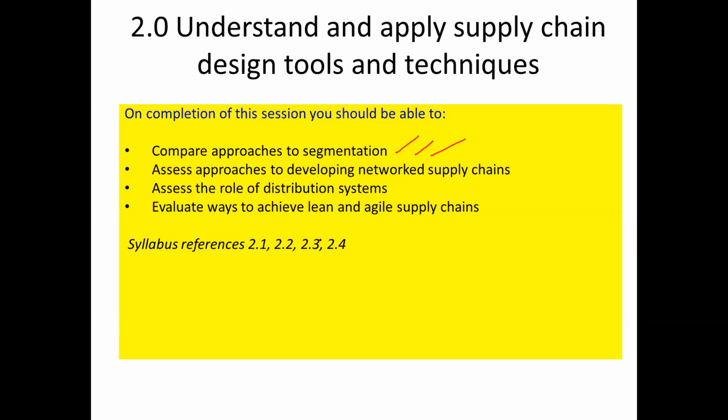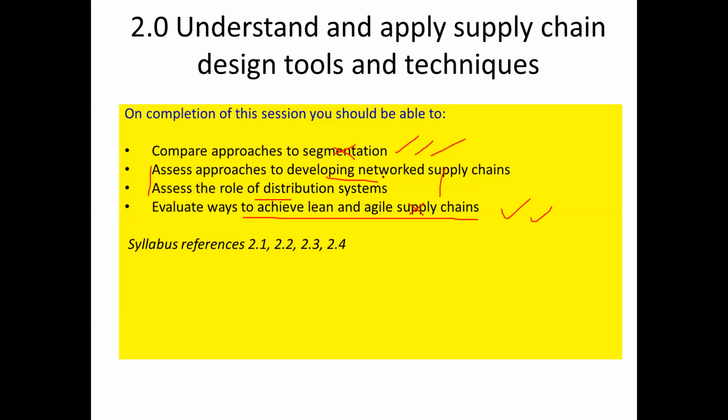How do you segment customers? How do you design a supply chain for different customers? How do we develop networks, distribution, and the other favourite, lean versus agile. So it's got 2 of the most heavily examined areas on there, which are okay. The bit in the middle is a bit horrible.